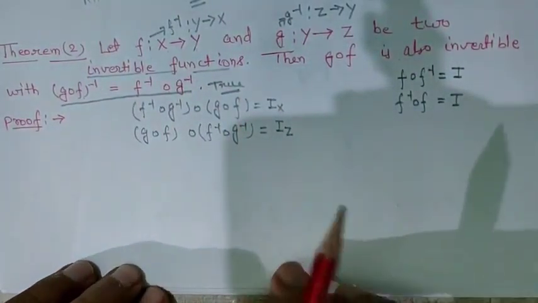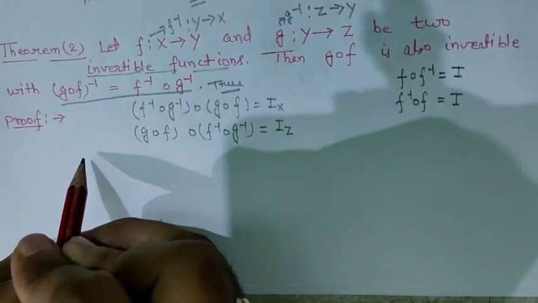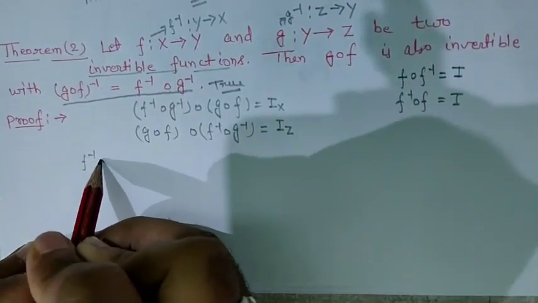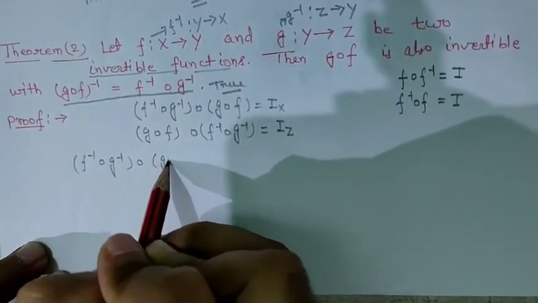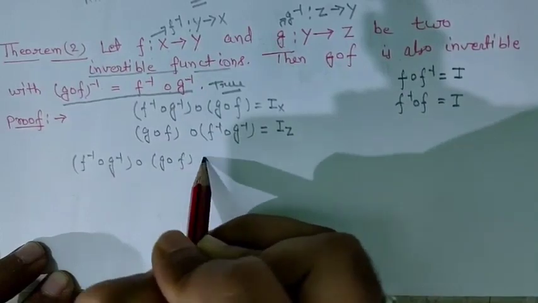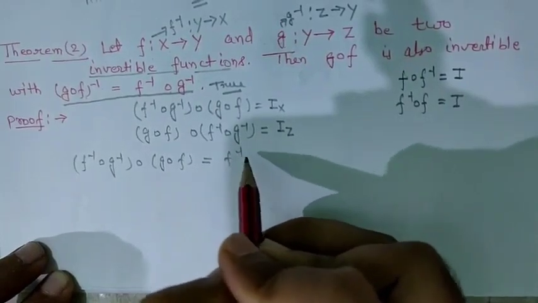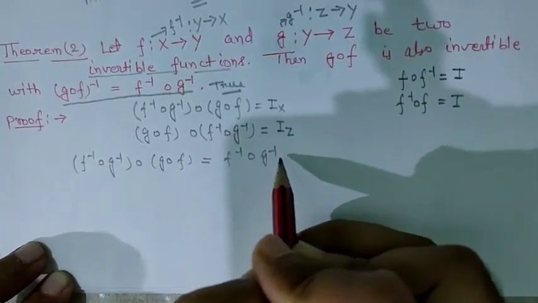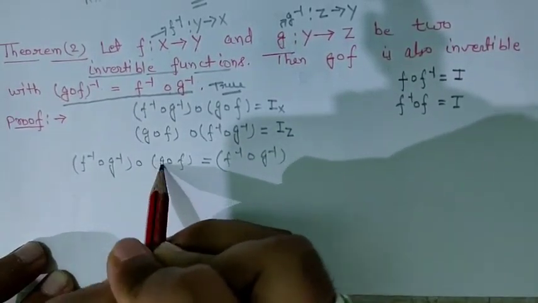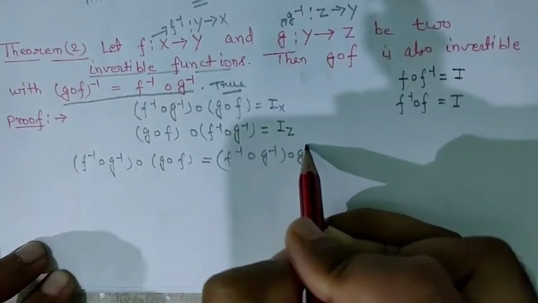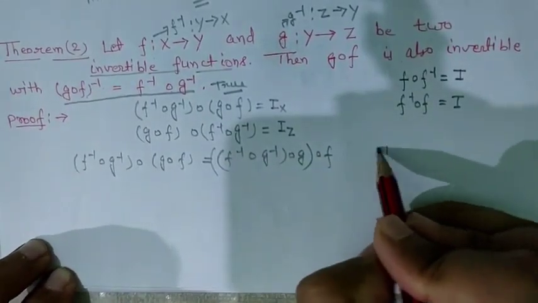Let's try. First of all, we are starting with the first part, f inverse o g inverse o g o f. I'm taking this g with this, and then I will be able to write it this way by using theorem 1.